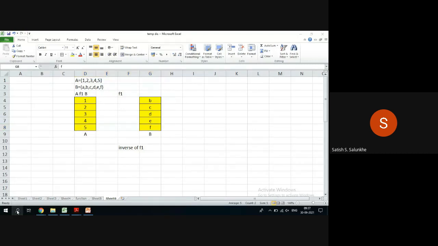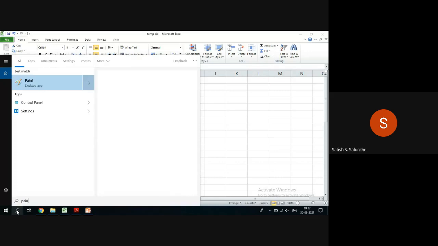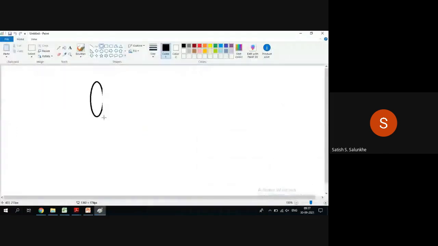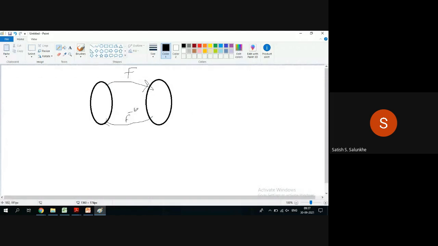So what is the point that I am highlighting right now? Let us say you have function F and F inverse. If you do F inverse composition F for element X, what is that?